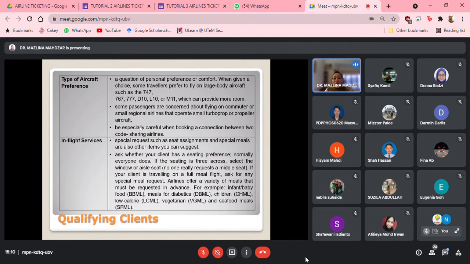For example, if you see a passenger bringing a child, you can ask, would you like me to make a booking for a child meal? Sometimes passengers don't know, so you initiate the offer. But use the appropriate codes. These you must memorize: BBML, DBML, child meal, low carb meal. There are a lot of meals, but the meal table you can get from the system.